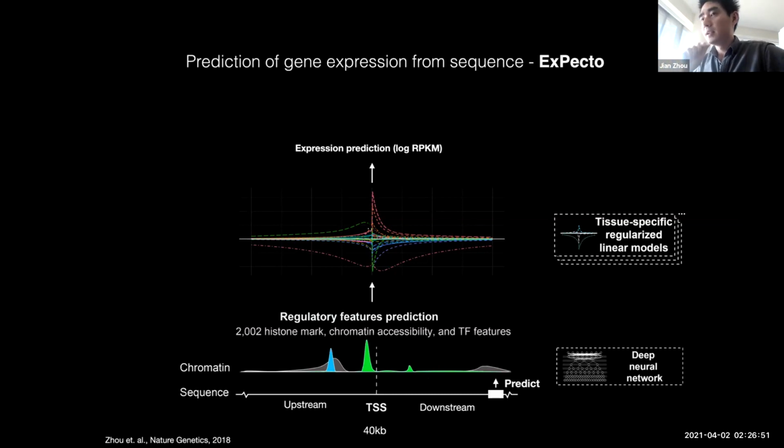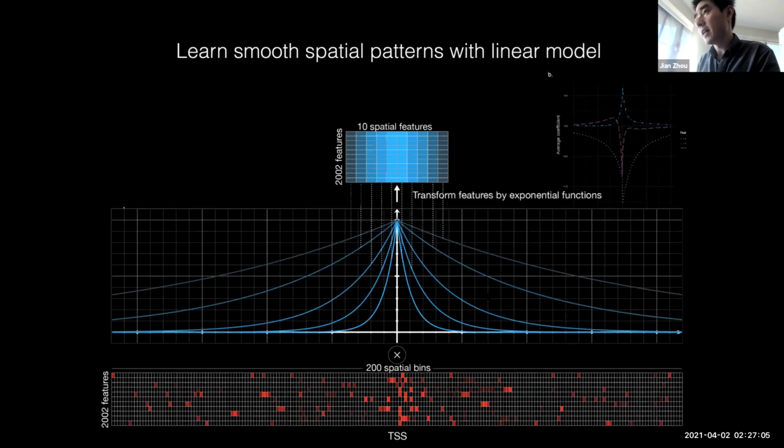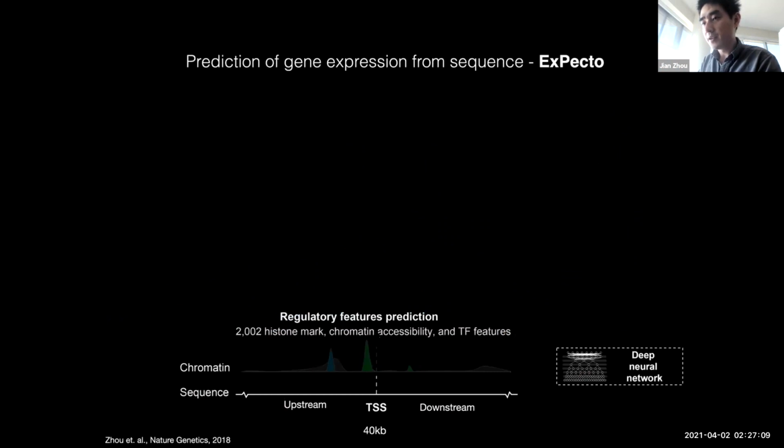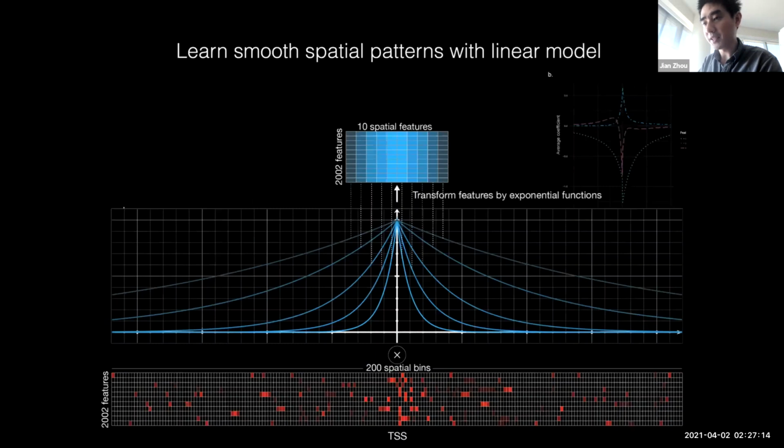And how do we do that? With a linear model. Each of these curves that you're seeing is a linear combination of exponential basis functions. It's pretty simple: we transform our spatial patterns, represented as a matrix where each column is a different spatial position, by multiple exponential basis functions, 5 for downstream and 5 for upstream.